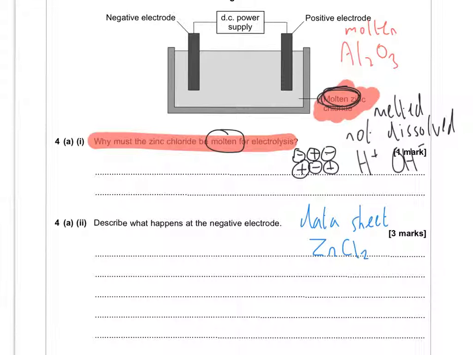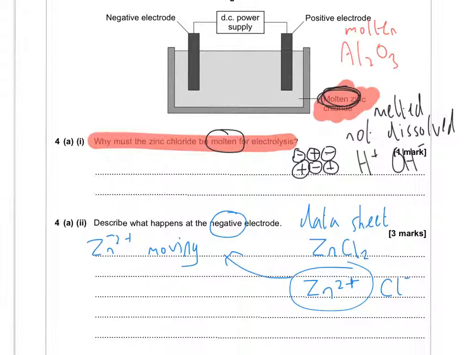And if I have a look on my data sheet, which you get in your exam, I find they are this. So now I know which one's positive and which one's negative, just in case I didn't know before. So if it's the negative electrode, well, my positive ion is going to be moving there. So I'll be talking about Zn2+ moving to the electrode.